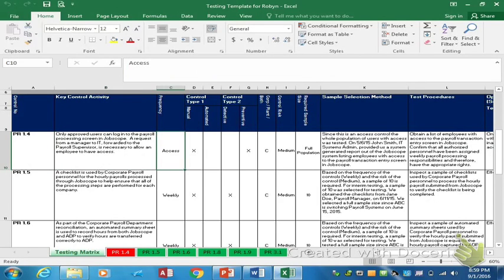Then they come over here, frequency is access, it's manual, it's preventive, basically keeping somebody out, it's corporate, it's a medium control risk, and it's a full population, meaning they are sampling everybody that has access, to request, to approve. Well, that makes sense, if you're looking at payroll.